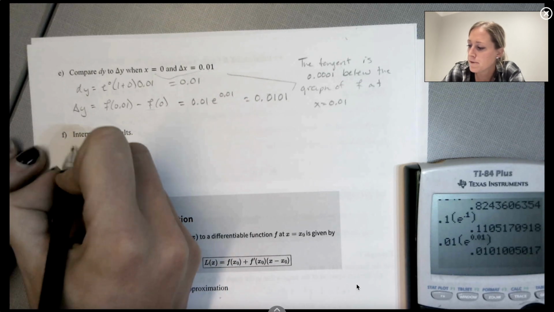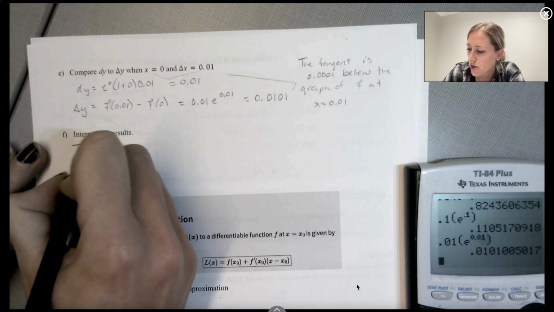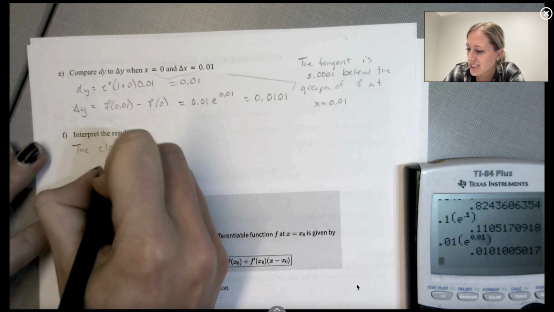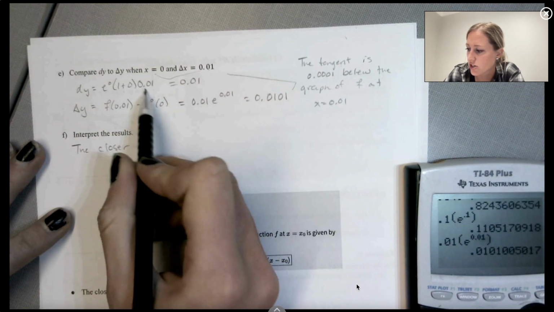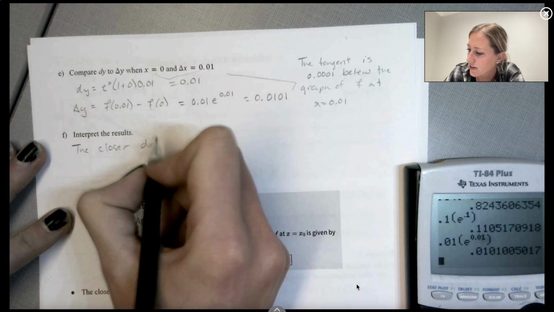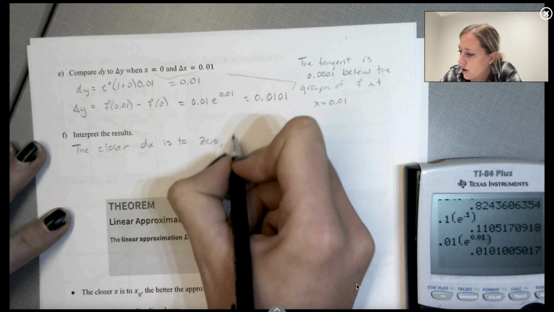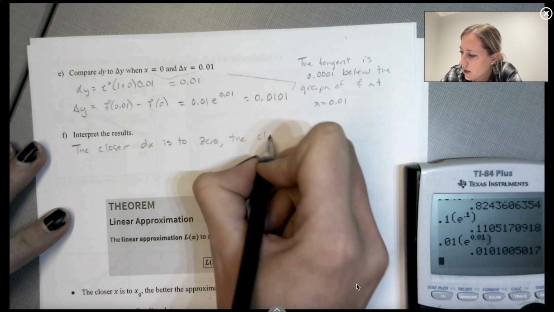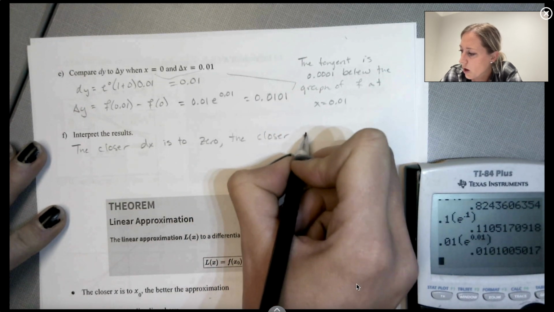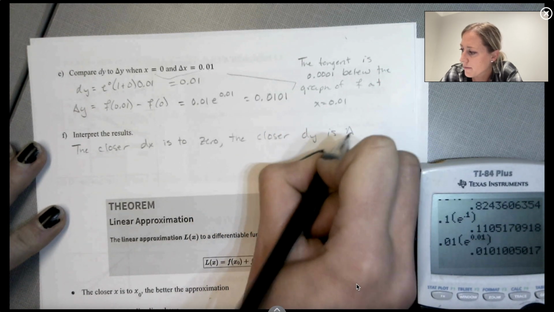Okay, so that's what we're going to put here for interpret results. The closer dx, right, so the change in x, this value, the closer that is to 0, the closer dy is to delta y.